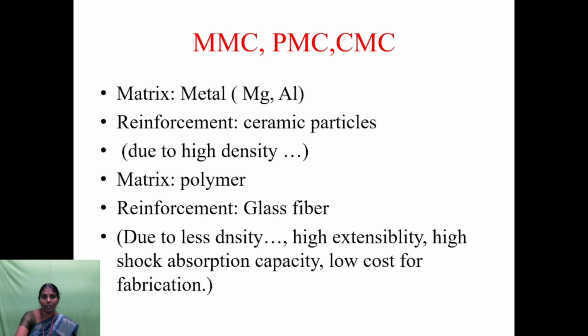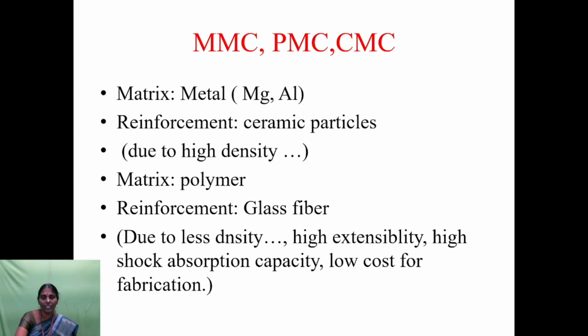For metal matrix composites, we use metals, for example magnesium and aluminium, with ceramic particles as reinforcement. Due to high density, metal matrix composites are used less.